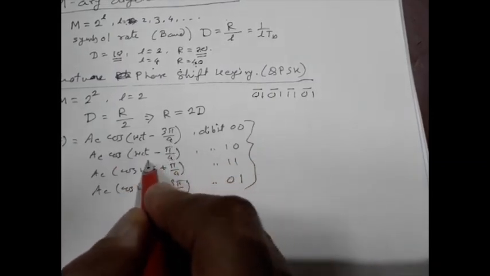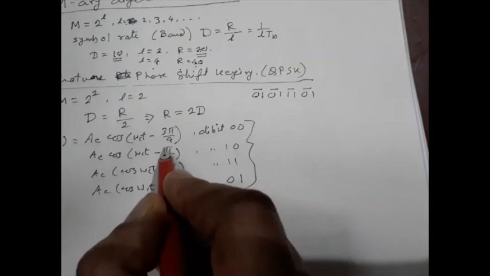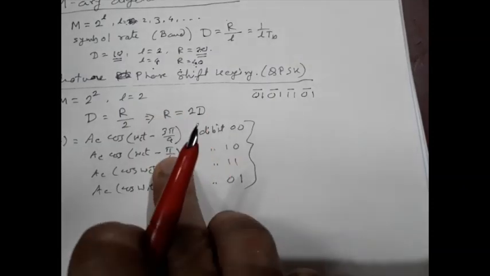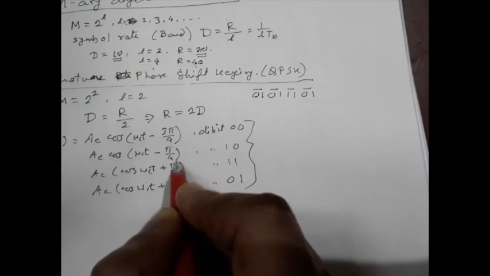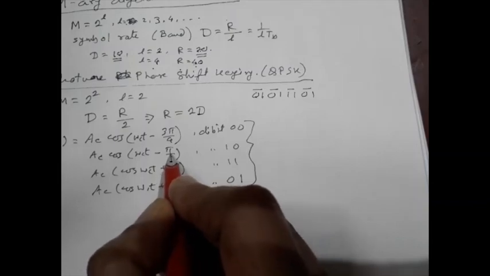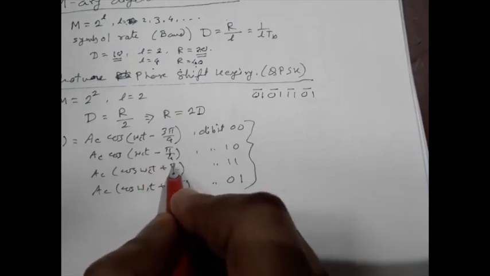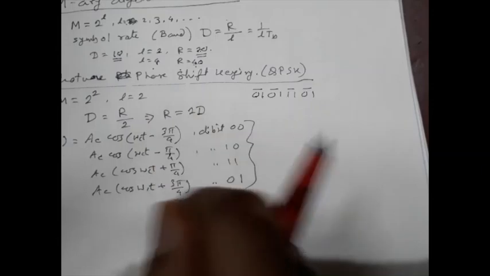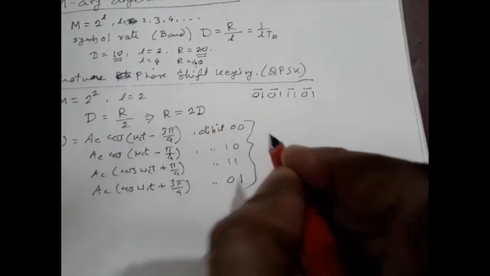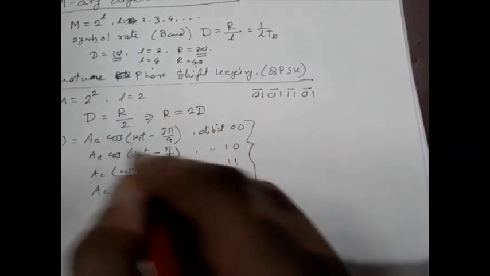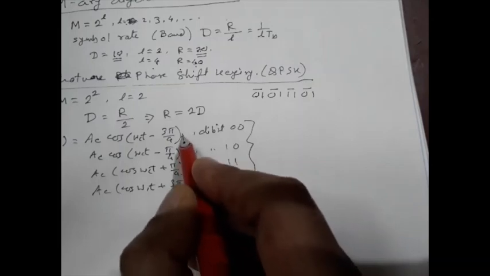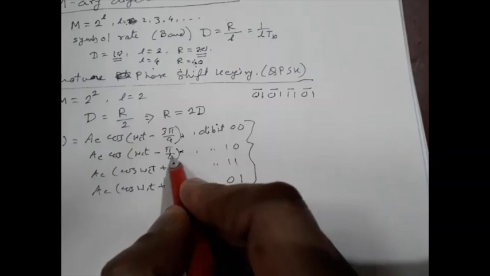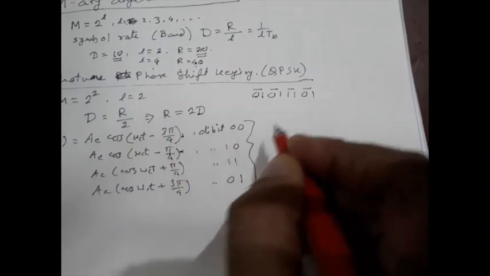Instead of taking it as π/4, we can take this one as 0 phase, then this one will be 90 degrees. So the actual value of the phase will be different, but the difference between two successive dibits, or rather two successive symbols, will be 90 degrees.